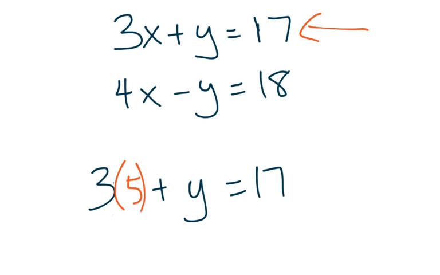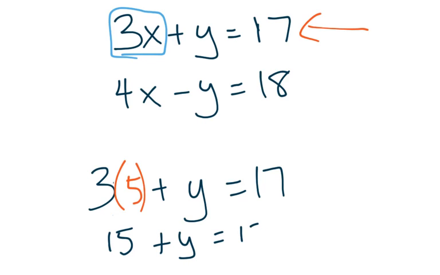One thing that you have to realize is that 3x means multiplication: 3 times x. So when I plug the 5 in, it becomes 3 times 5, and 3 times 5 is 15. So what number plus 15 would give me 17? That's what I'm looking for now. Or I could subtract 15 from both sides.